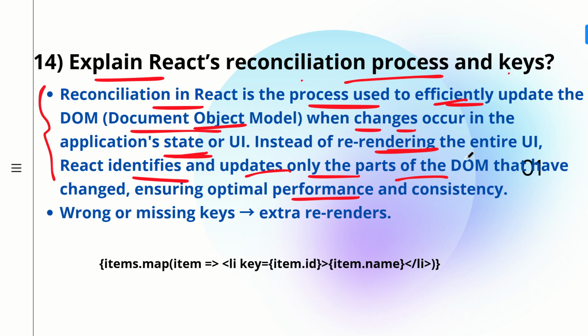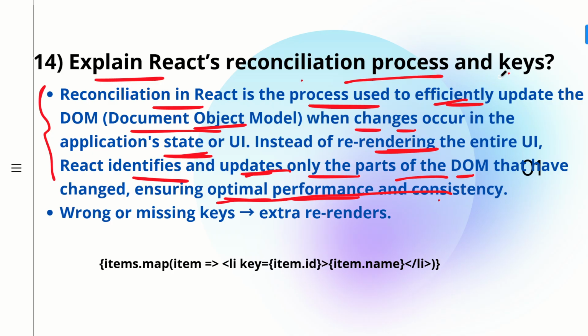So React is going to identify what is the update. How is it going to identify? By virtual DOM. It is going to identify the updates and the changes via virtual DOM, and then it is going to update only those parts of the DOM that have changed, and it is ensuring the optimal performance and consistency. So this is the advantage of our reconciliation.